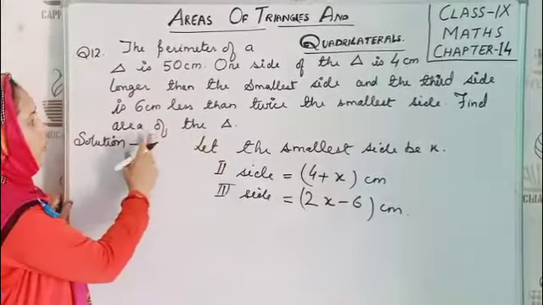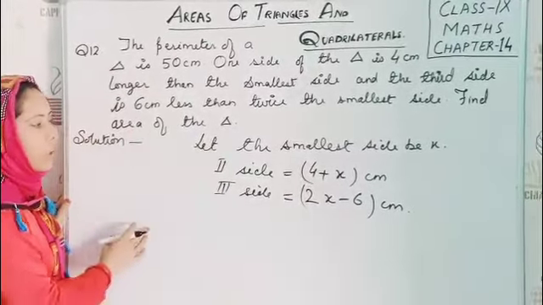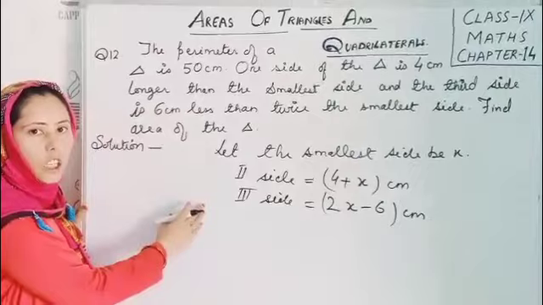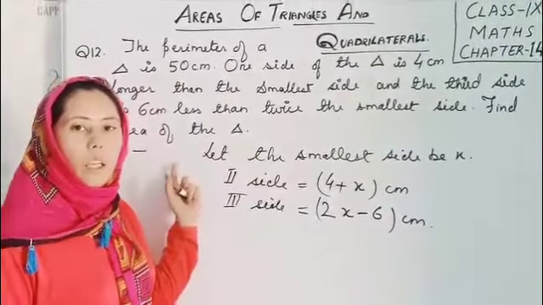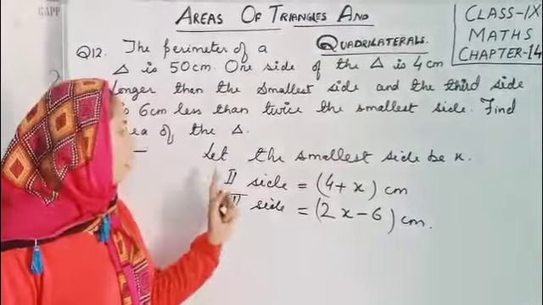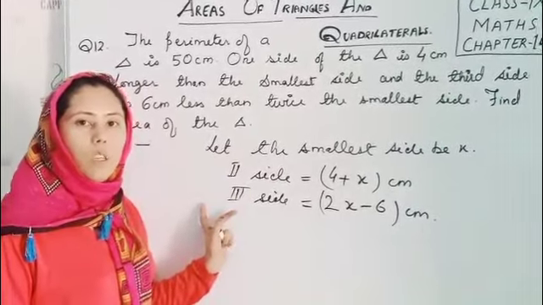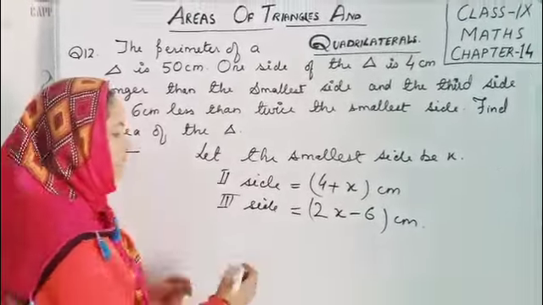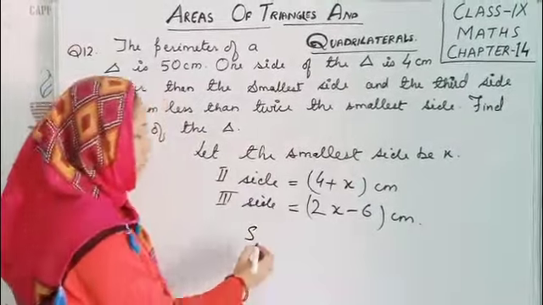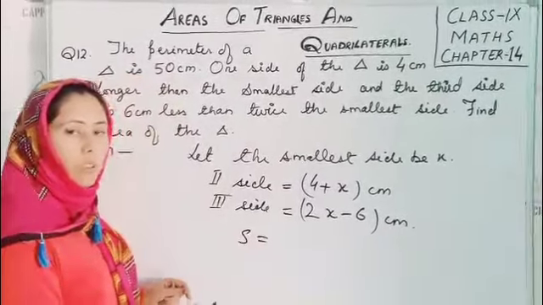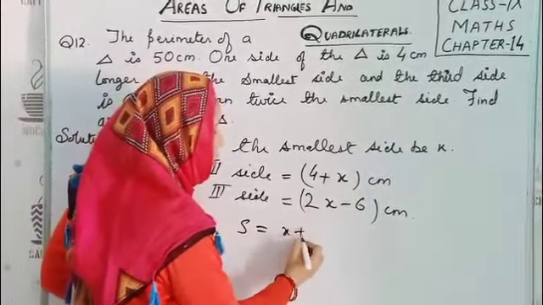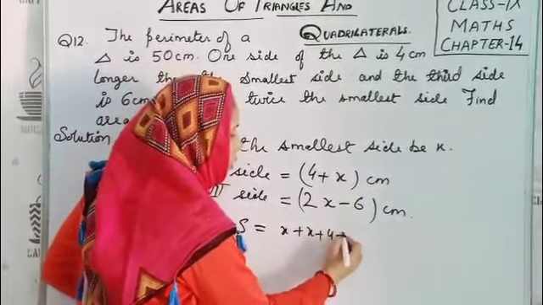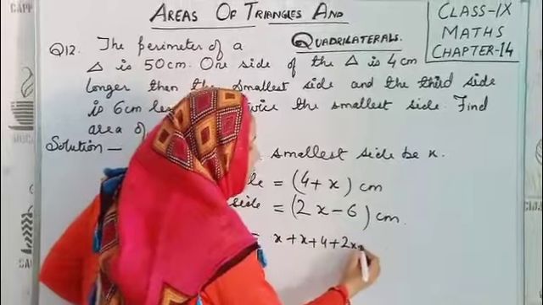We have to calculate the area. So when three different sides are given, we will use Heron's formula. When we apply Heron's formula, this will be your ABC, and we want S. S means semi-perimeter. Semi-perimeter means sum of all sides divided by 2. Your sides are x, x plus 4 and 2x minus 6.